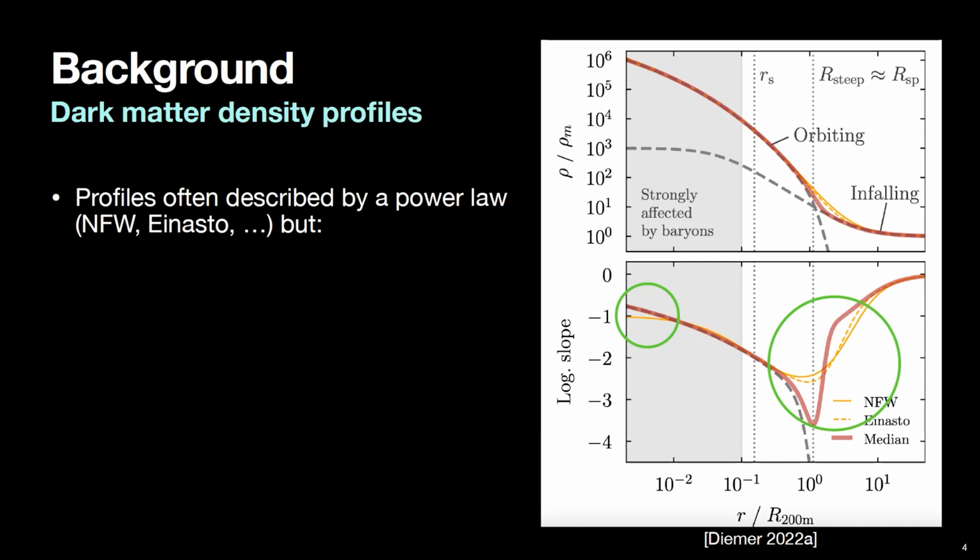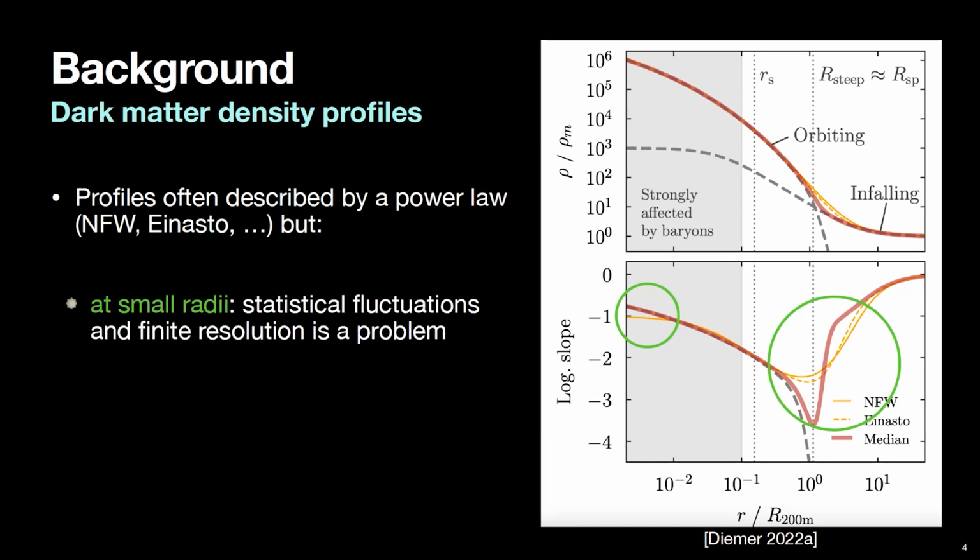And the small radii are the ones we care about most because they can reveal so much information about the nature of dark matter. But even from simulations, it's very difficult to probe those inner regions because, first of all, statistical fluctuation or Poisson noise. So we have very few particles at small radii, so your noise will be very high, and that can hide the true shape of the density profile.